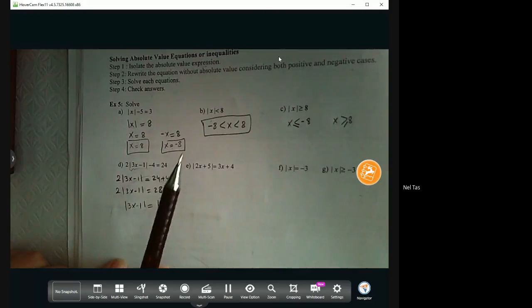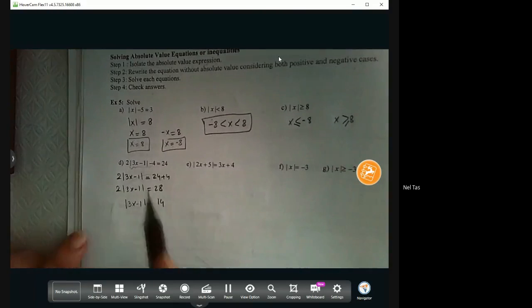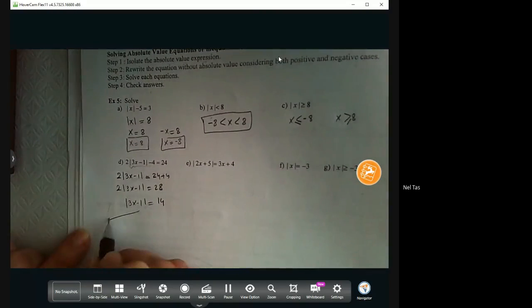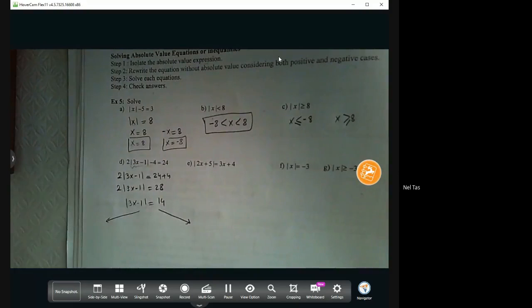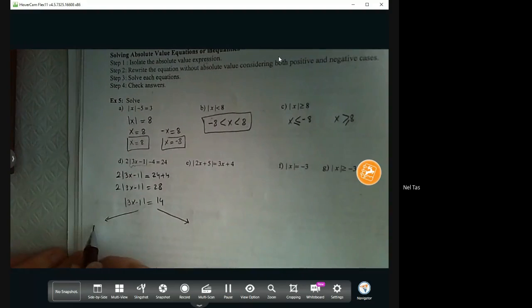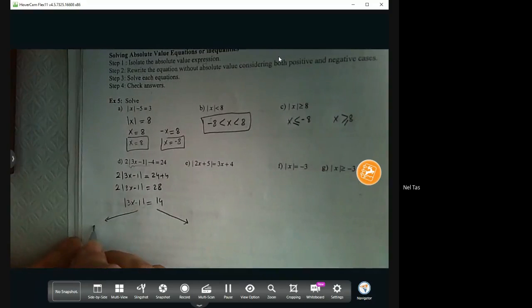Next, rewrite the equation without absolute value, considering both positive and negative cases. So we will have two solutions. We have to write it without the absolute value notation.